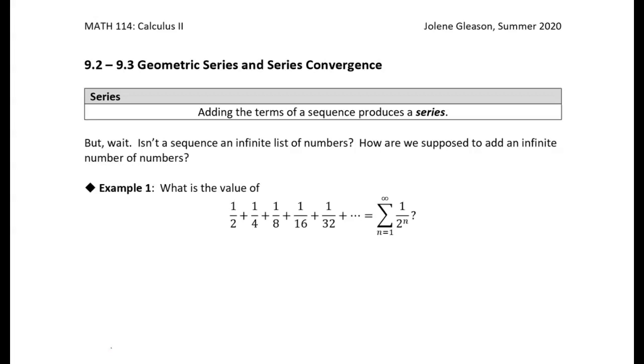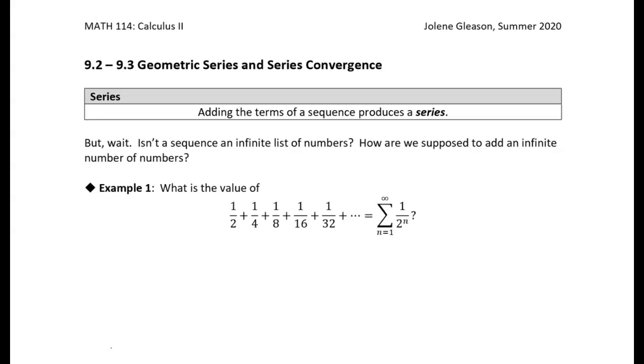So what you're doing is creating a sequence of partial sums. You add the first two numbers, you get a result. That's a partial sum. You add on the third term, and you get another partial sum. And so what we end up with is a new sequence of numbers, and if that sequence converges, then the series converges. But I'm getting ahead of myself.